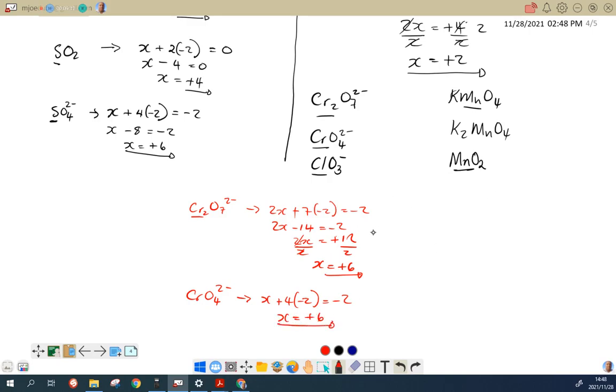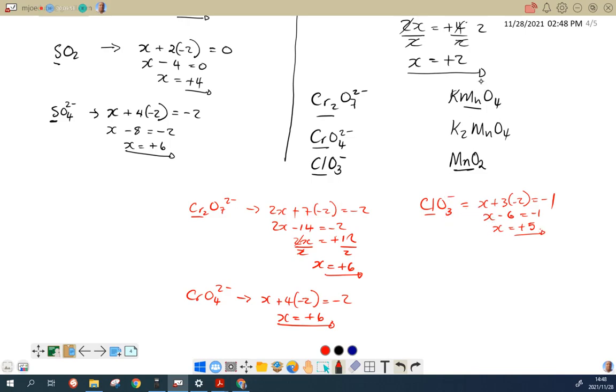And then in your chlorate, ClO3 with the charge minus 1, so it's x plus 3 times minus 2 is equal to minus 1, and then x minus 6 is equal to minus 1, transpose it becomes plus 6, so your x is equal to plus 5.